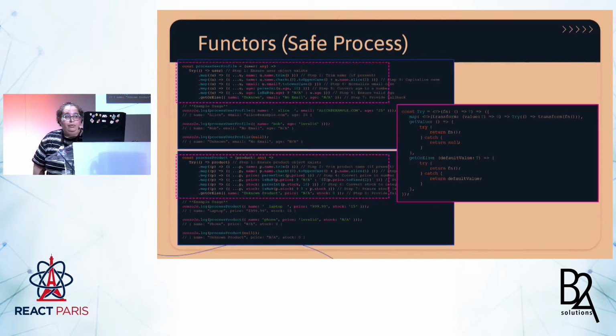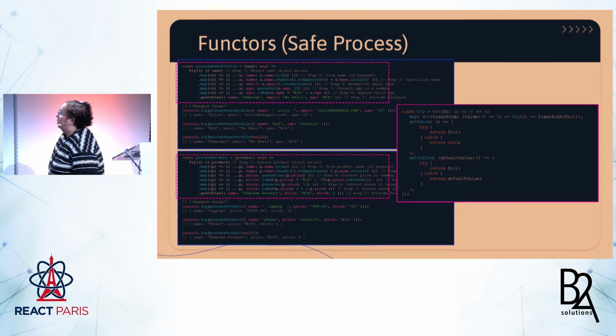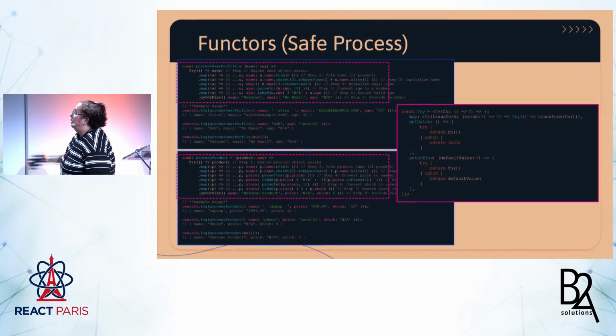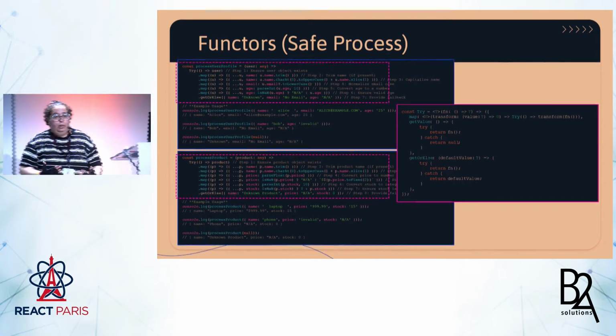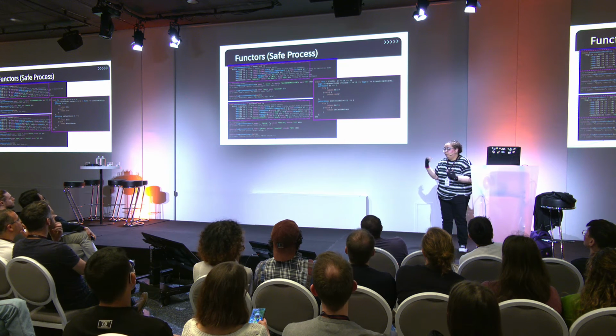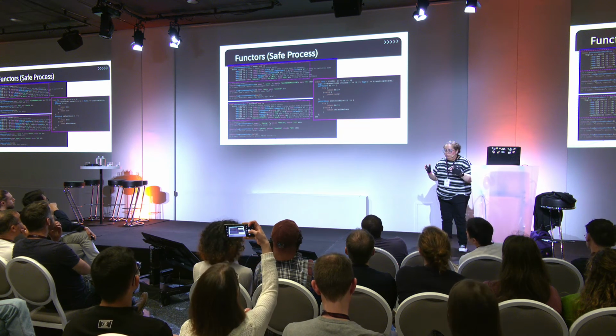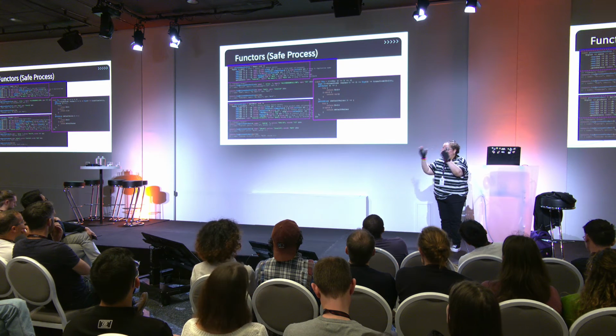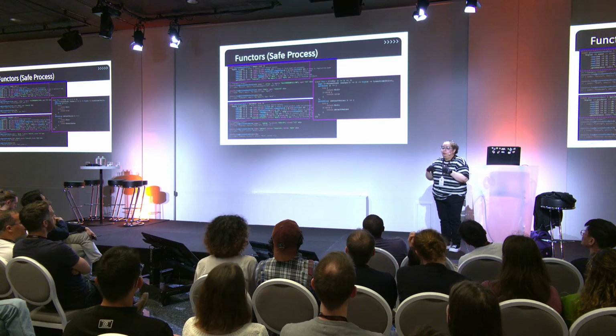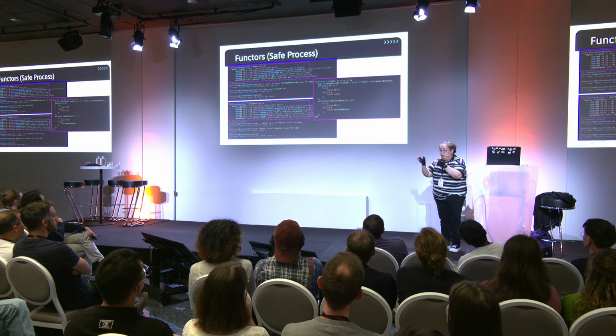We can use a functor, for example, for safe processing. I create my try, and it will try to transform everything. And if I have an issue, I will jump into the catch. This gives me the way that when I want to do transformations, all my transformations will be done in a correct way. So I will never have an exception.